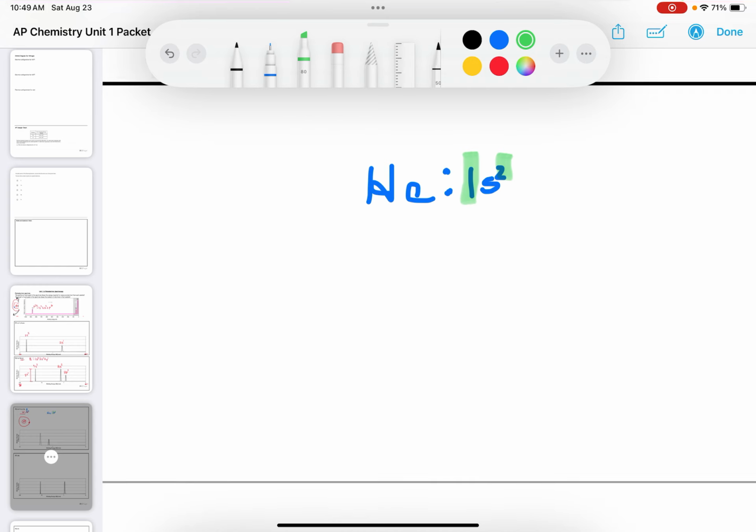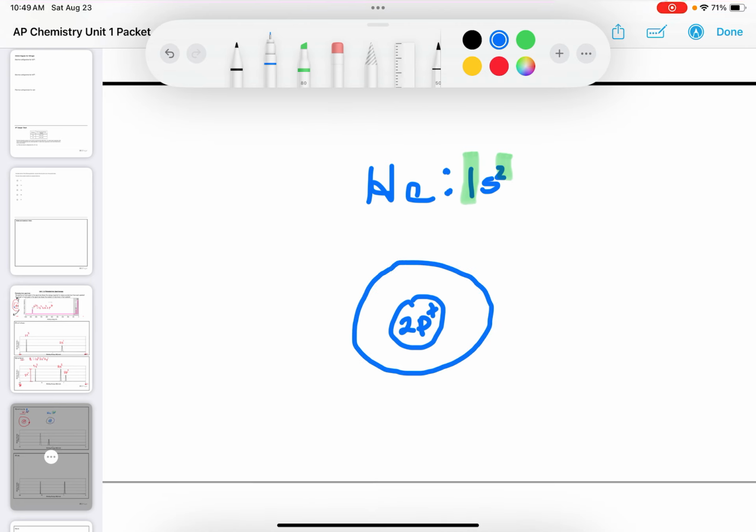I also can see that the atomic number is 2. So inside of this nucleus, we have 2 positive protons, not just 1. And then there's only 1 energy level around it. And there's 2 electrons in that energy level.